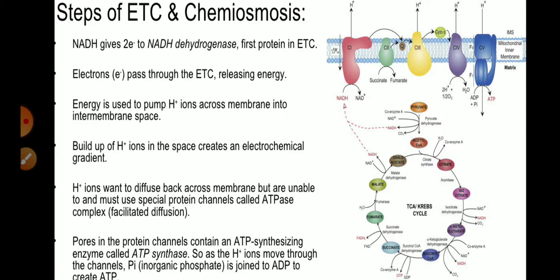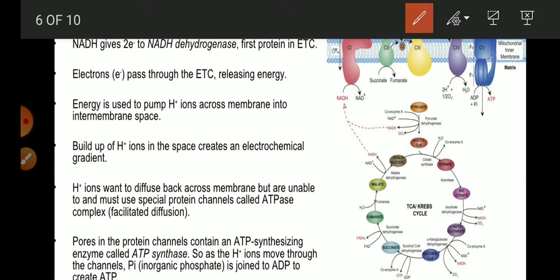First of all, what happens? NADH gives two electrons to NADH dehydrogenase. We have seen in the Krebs cycle, at this place and this place, NADH is formed.